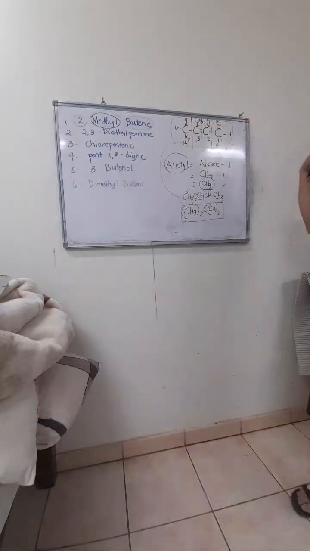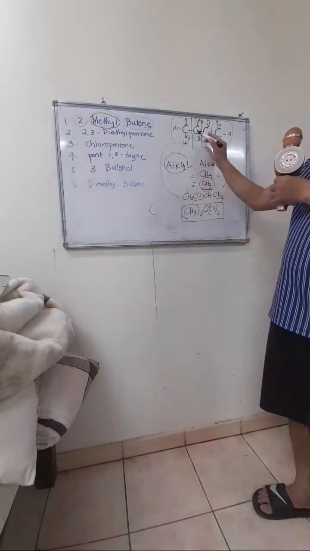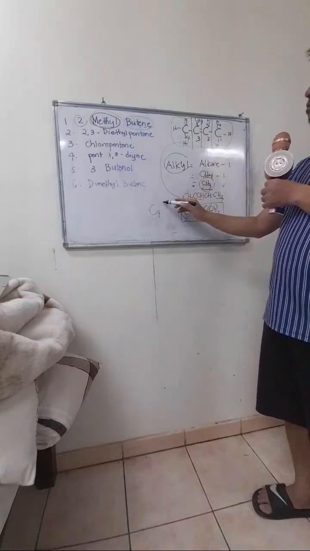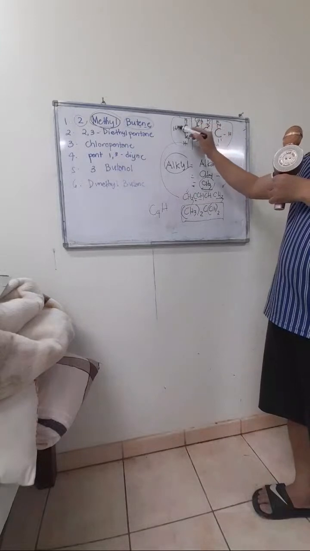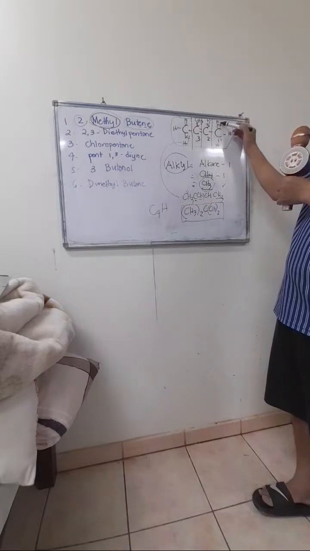And now, what is our general chemical and molecular formula? Count all the elements. Start with carbon. How many carbon? 1, 2, 3, 4. So 4. Hydrogen: 1, 2, 3, 4, 5, 6, 7, 8, 9, 10.